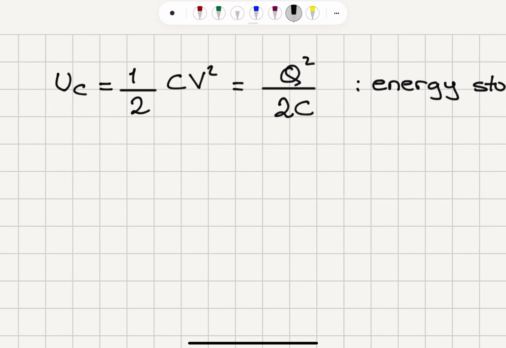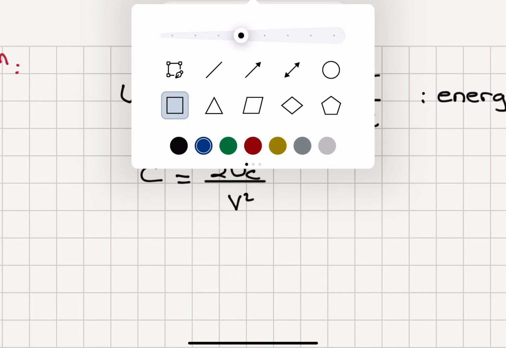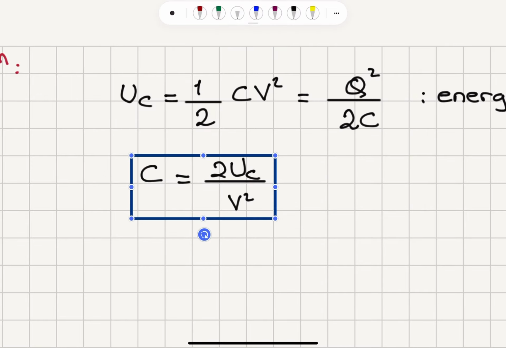All right, so the capacitance of the capacitor is then, in terms of the stored energy, twice the stored energy divided by the potential squared. So that was one of the tasks here, calculate the capacitance we need.